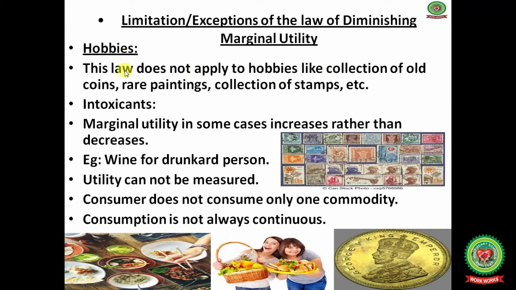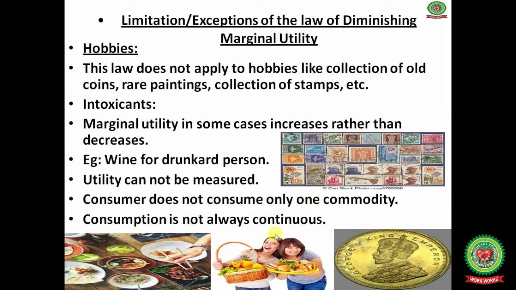First one is hobbies. This law does not apply to hobbies like collection of old coins, rare paintings, collection of stamps, etc. Because every time we feel that I have to collect more coins, more paintings. Now next one is intoxicants. Marginal utility in some cases increases rather than decreases, like wine for a drunkard person.